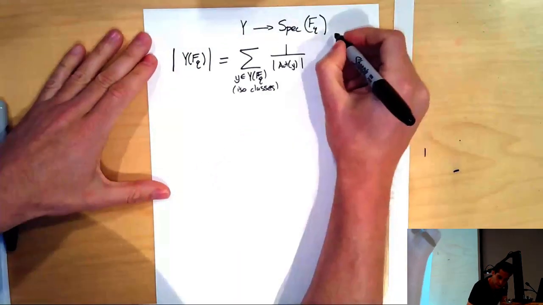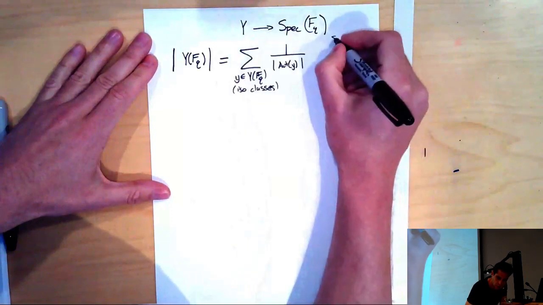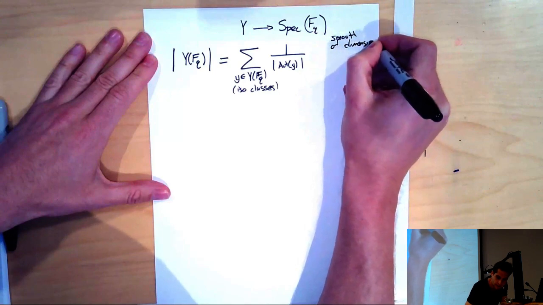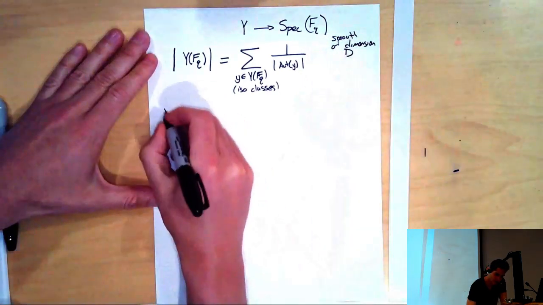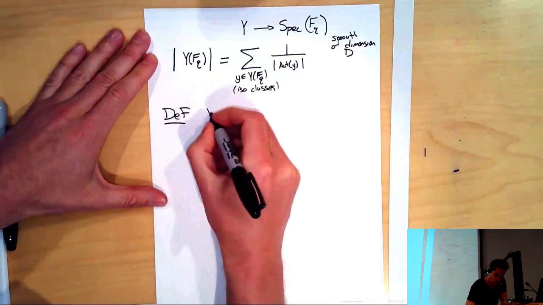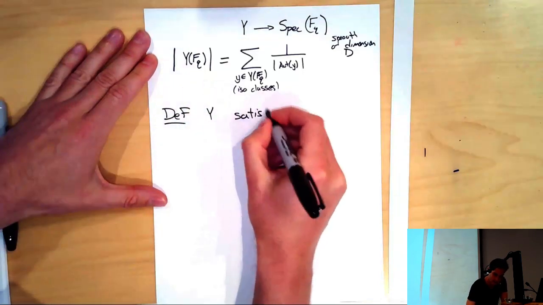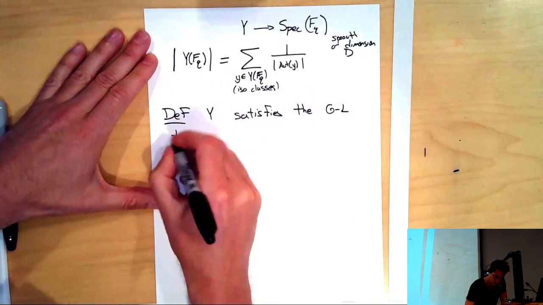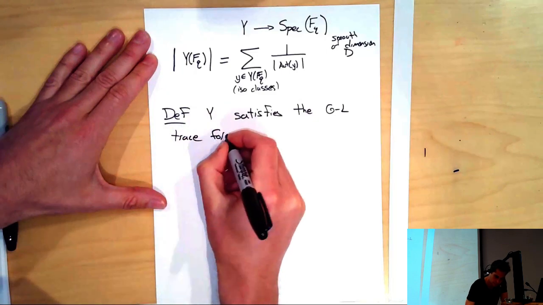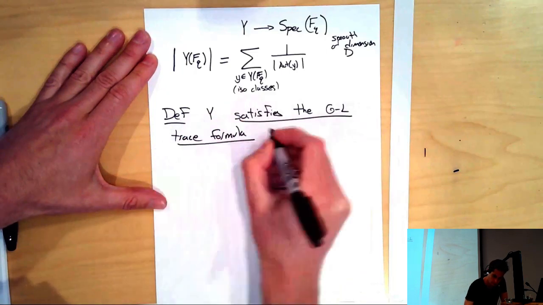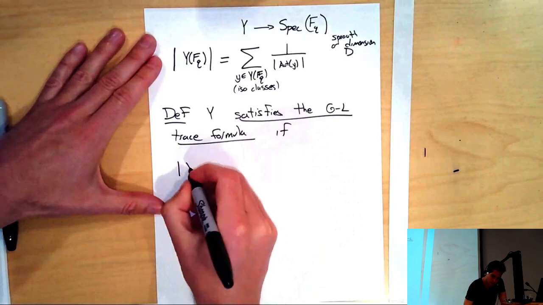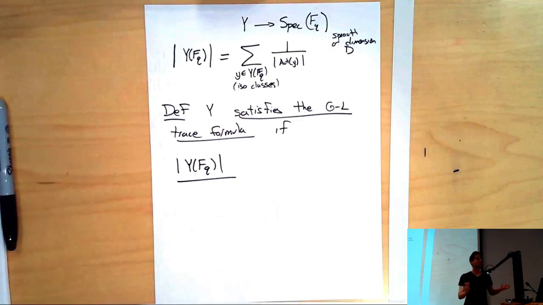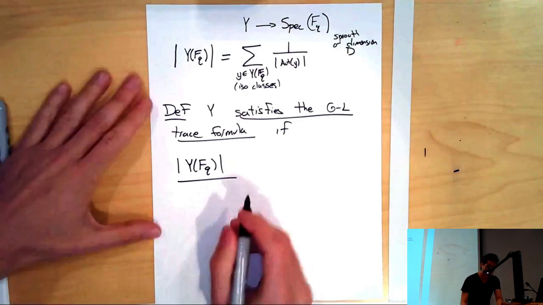Now let me have in mind the special case where Y is smooth of dimension D. Definition: in this situation, we'll say that Y satisfies the Grothendieck-Lefschetz trace formula if the number of FQ points of Y is given by some formula involving the trace of Frobenius on cohomology.